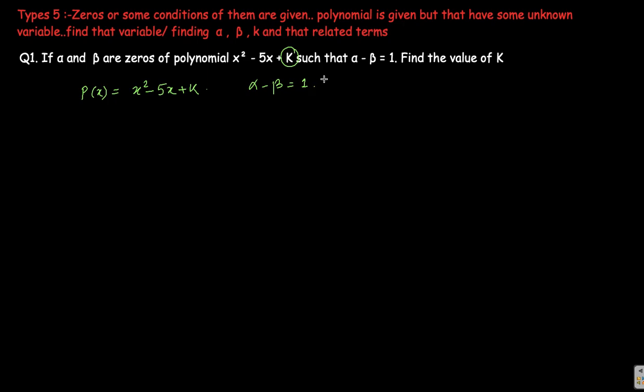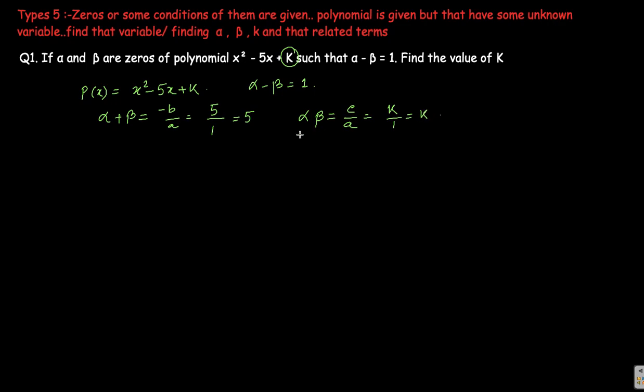Now we find alpha plus beta, which is minus b by a. Minus b is minus of minus 5, that is 5, and a, the coefficient of x square, is 1, so the sum is 5. And alpha beta is c by a; the constant term c is k, so alpha beta is k.